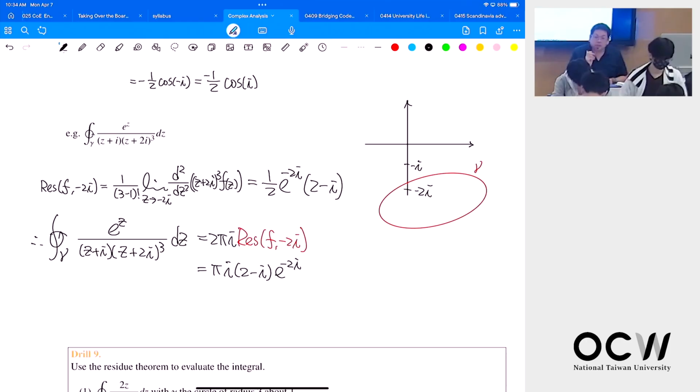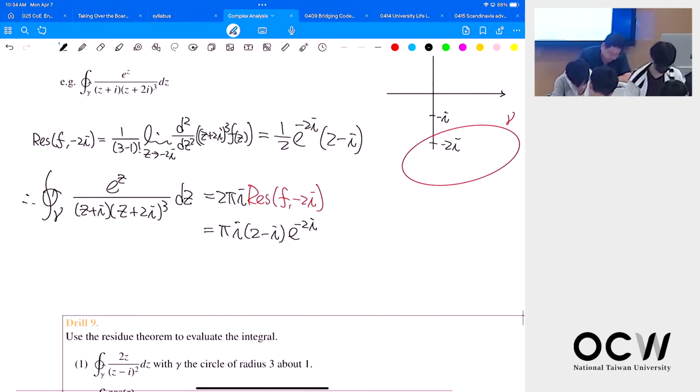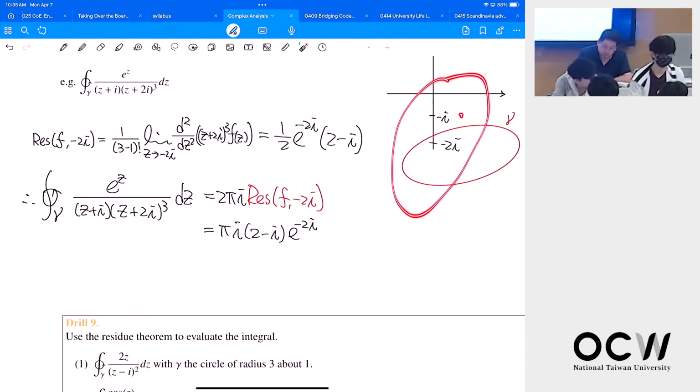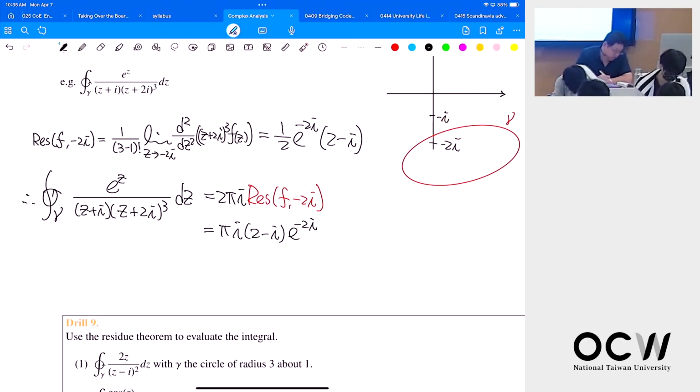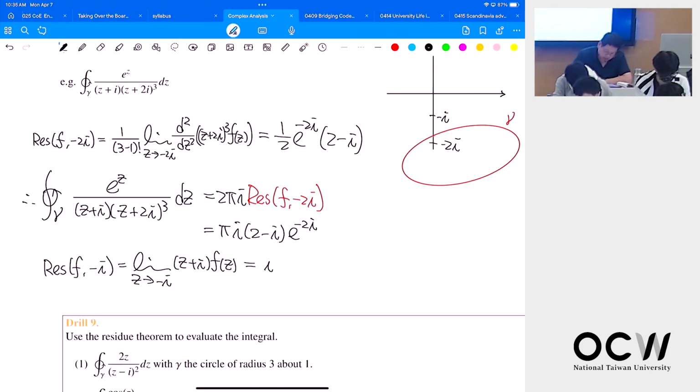But meanwhile, we can also find the residue at z equals minus i. If I include these two singular points, then I also need to include that residue. At z equals minus i, I have (z plus i) times the function, and you get i e to the minus i.